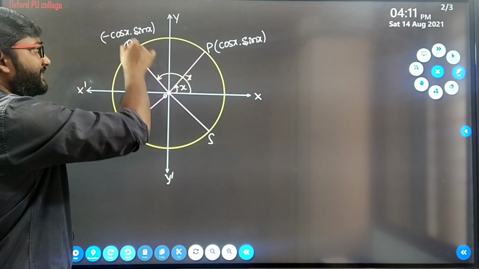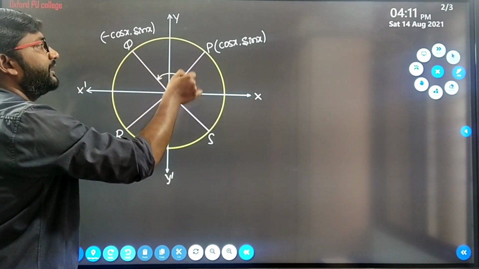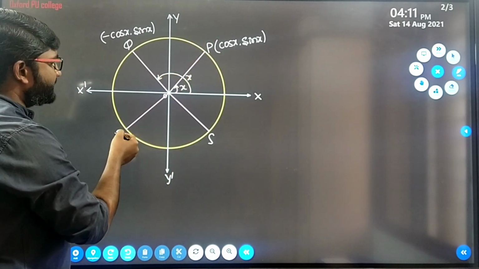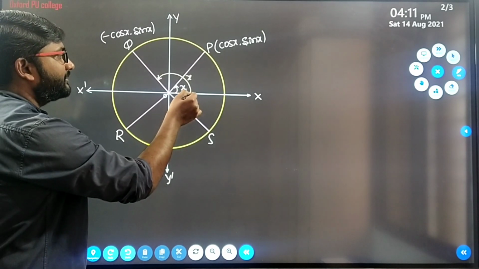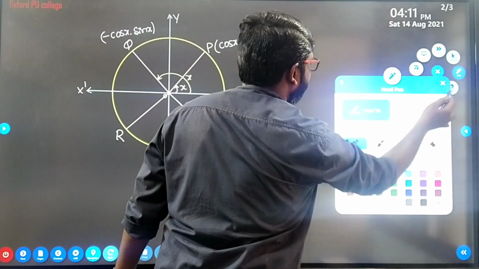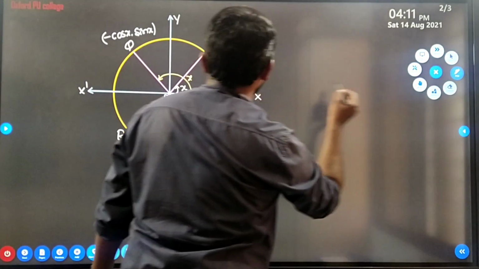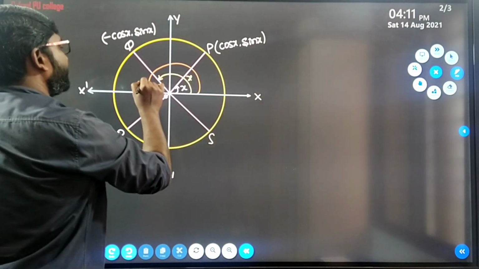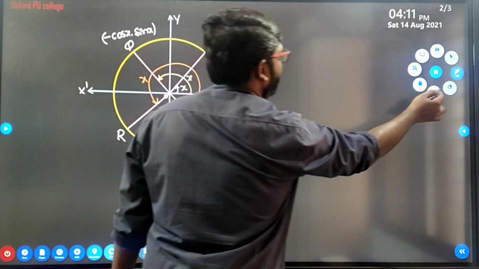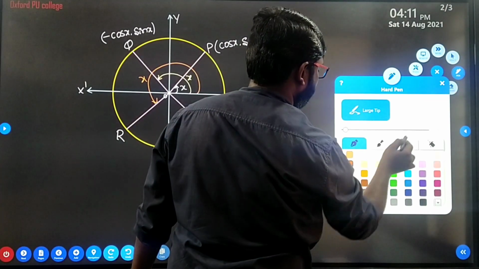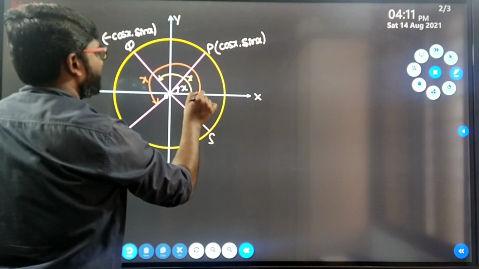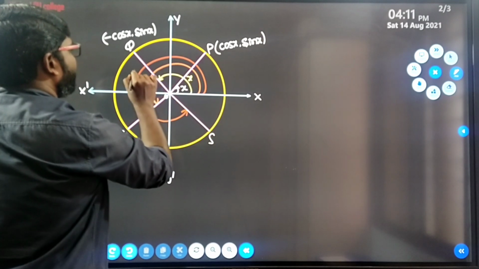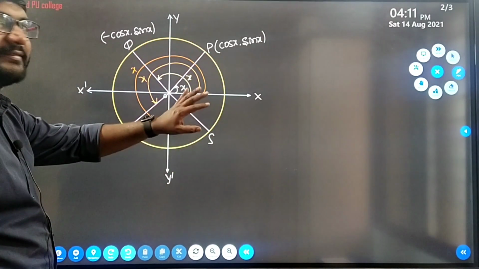For P, in the first quadrant, this is the angle x. For point R, this will be the angle x. And for point S, this is going to be the angle x. So these are all different cases.